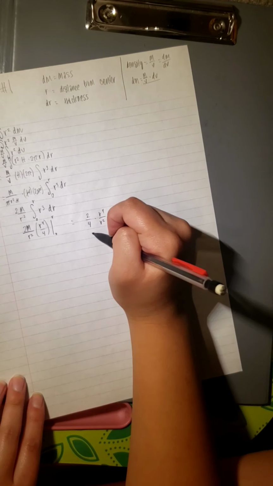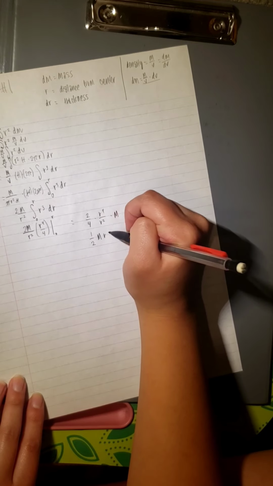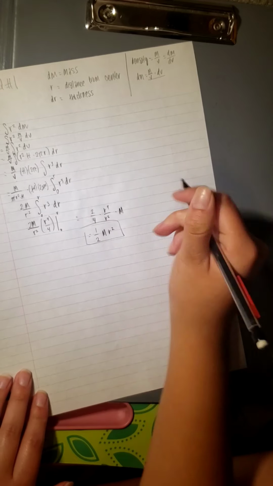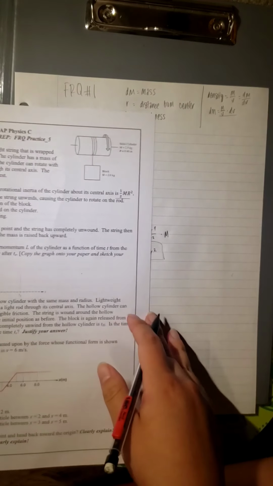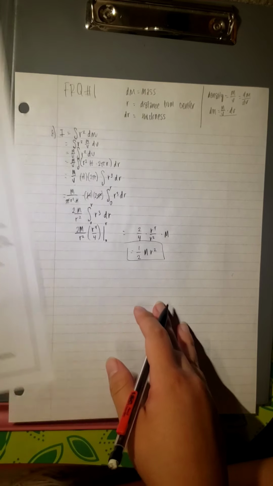And then with that, you get 1/2 m R squared. So that is how you get that using integral calculus.